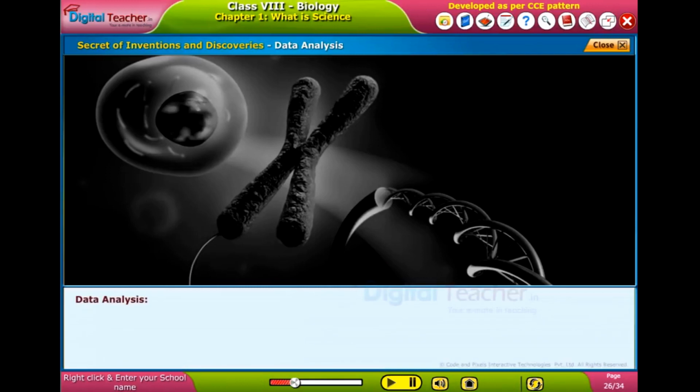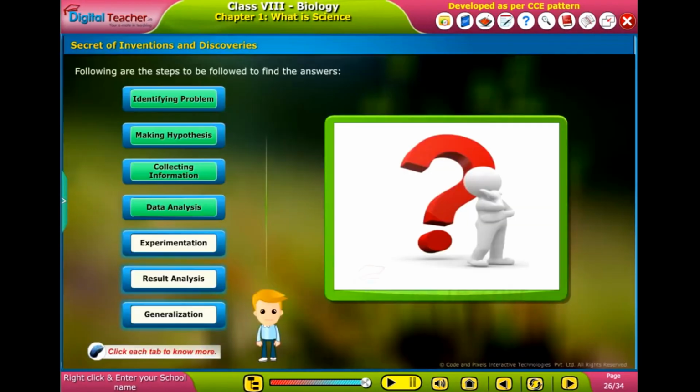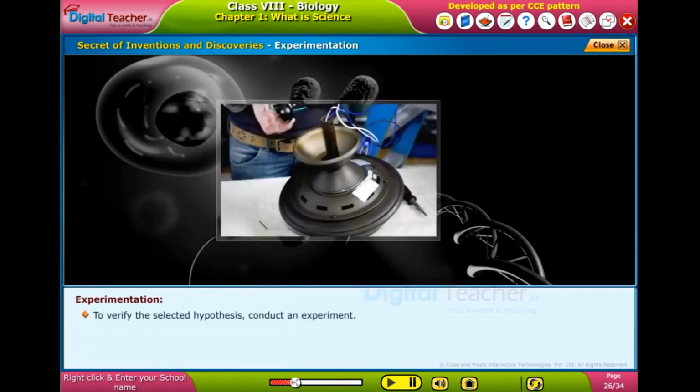Data analysis. Arrange the collected data or information to conduct an experiment. Experimentation. To verify the selected hypothesis, conduct an experiment.